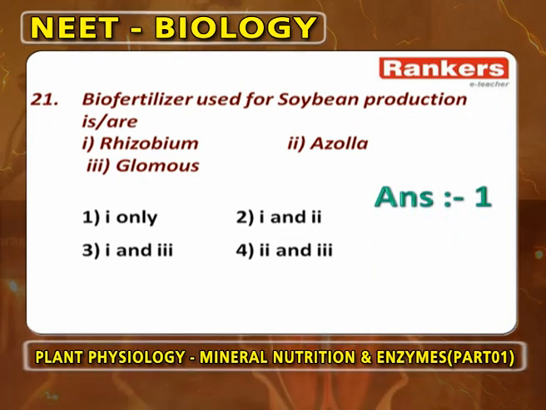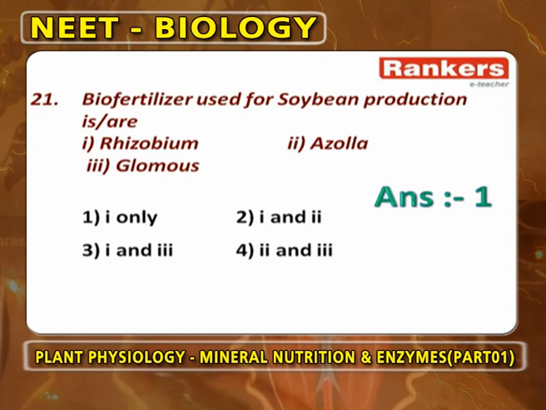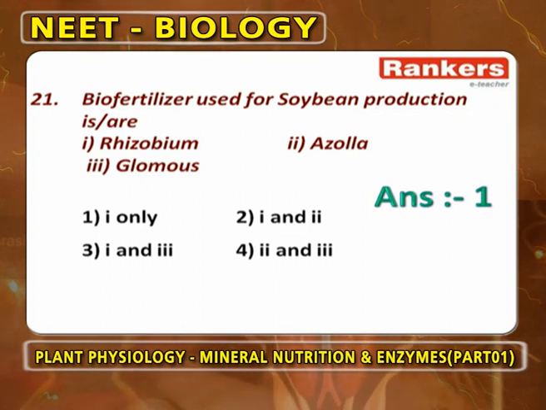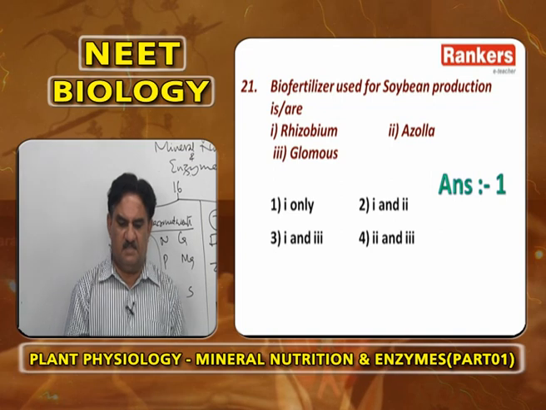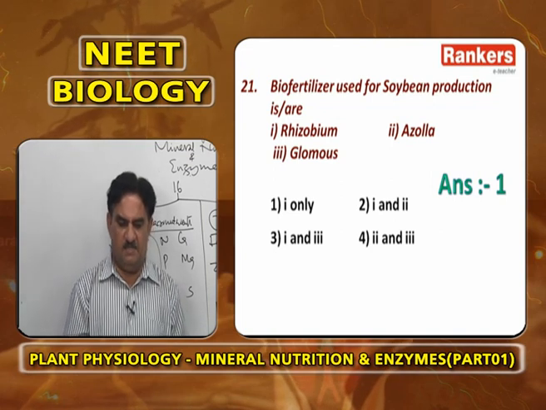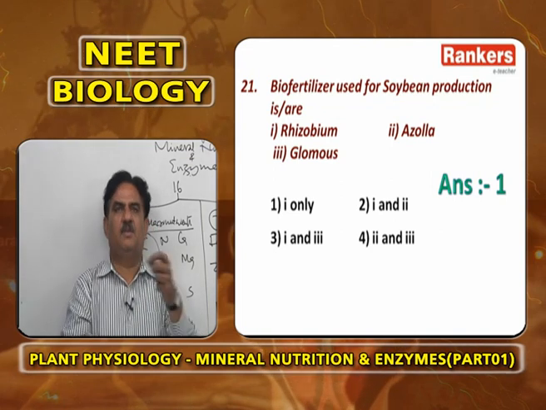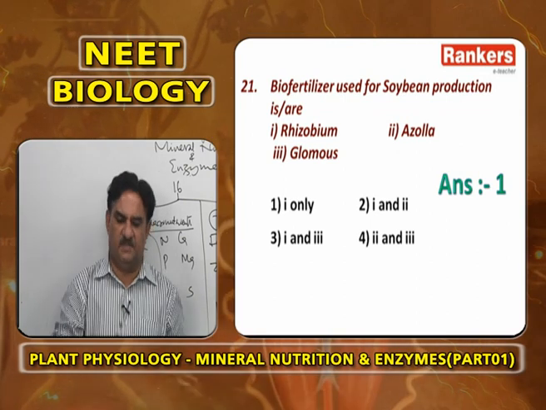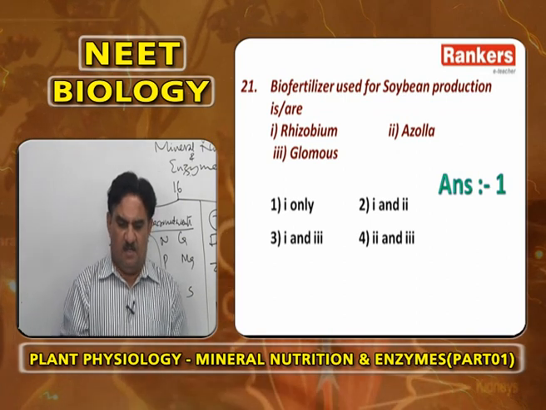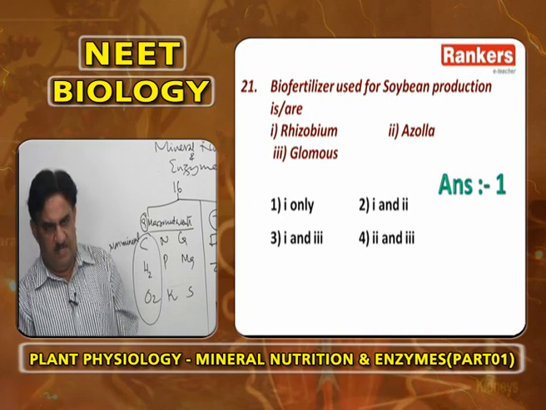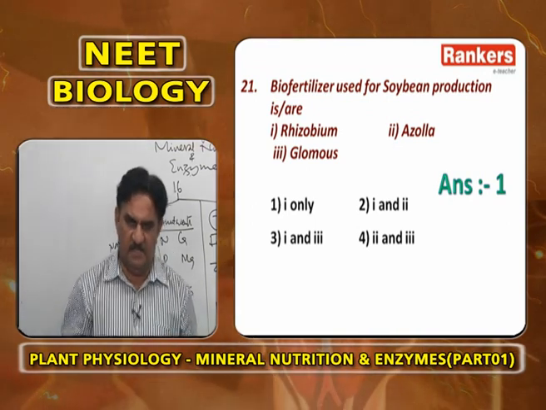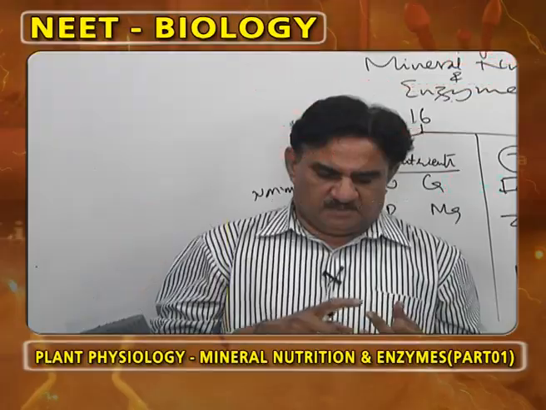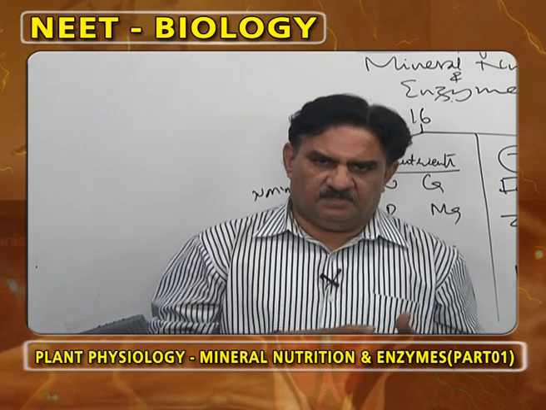Biofertilizer used for soybean production is improved by, the answer is the third one, not the first one, because rhizobium helps in legume nodules and helps in nitrogen fixation, increases production. Glomus also helps in the production of maize, wheat, soybean, potato and red gram.